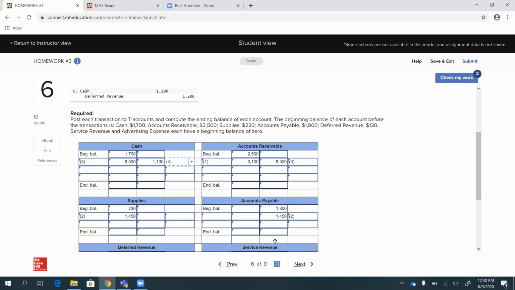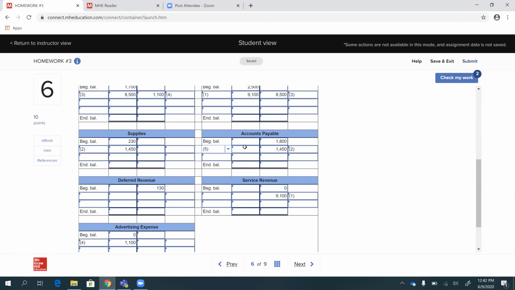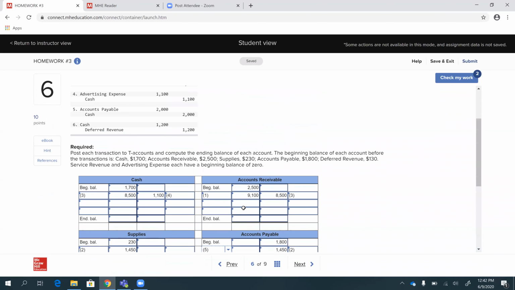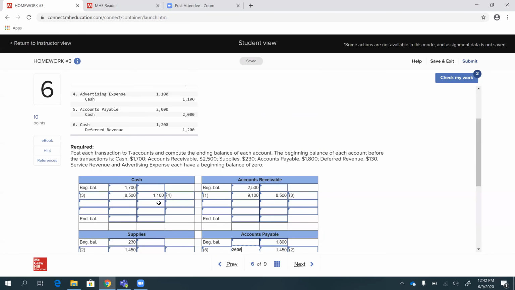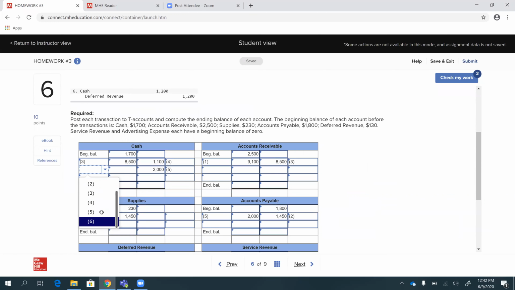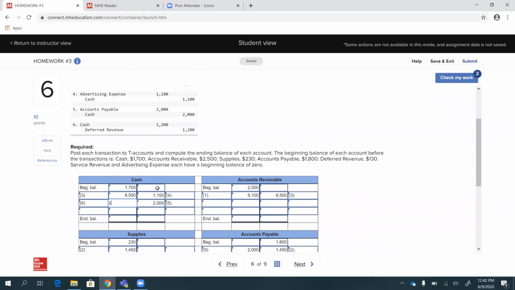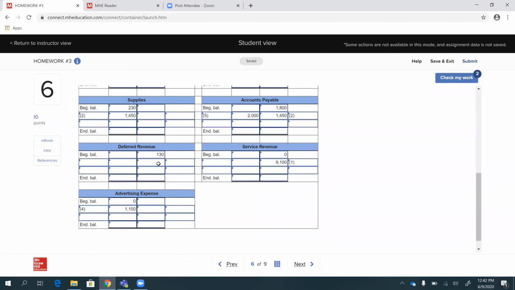Accounts payable, so we want to record a debit for 5 for $2,000 and a credit to cash of $2,000. Lastly, 6, cash is debited $1,200 and deferred revenue is credited for $1,200.